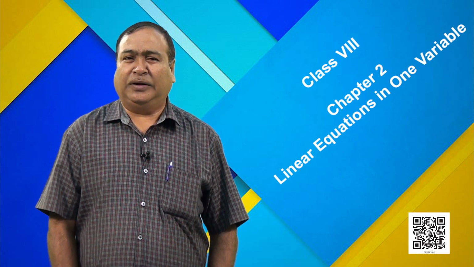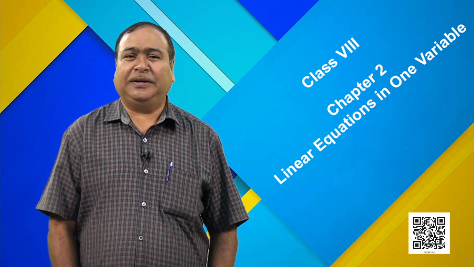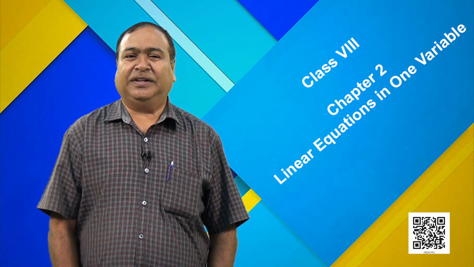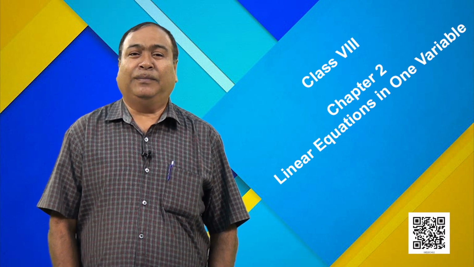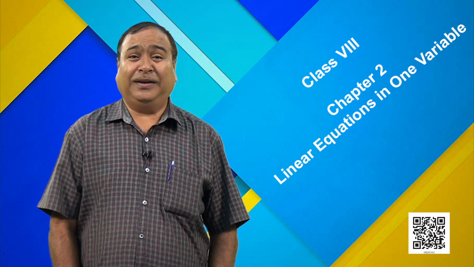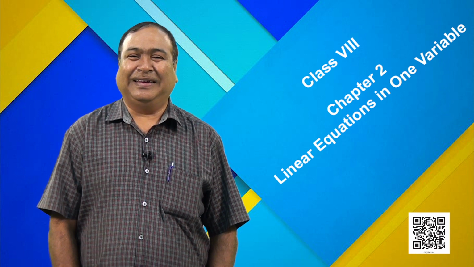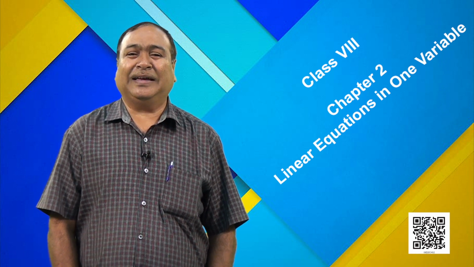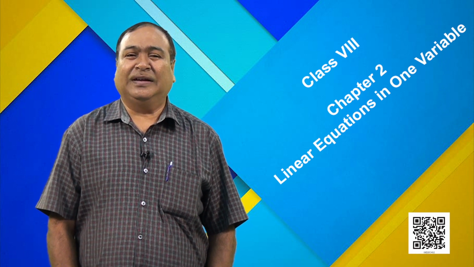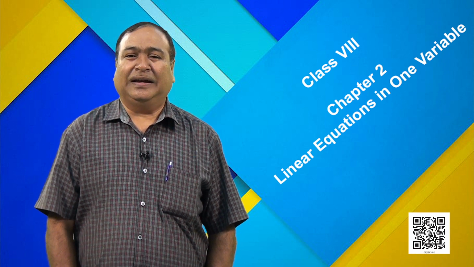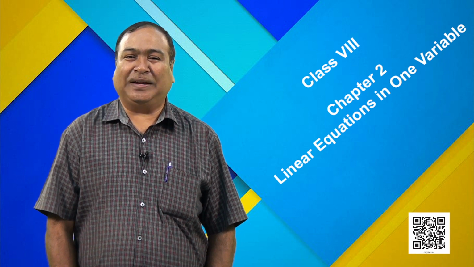Note that this solution may be a positive integer, a negative integer, 0, a fraction, or any real number. Are you surprised? Yes, any real number can act as a solution for the given linear equation in one variable.